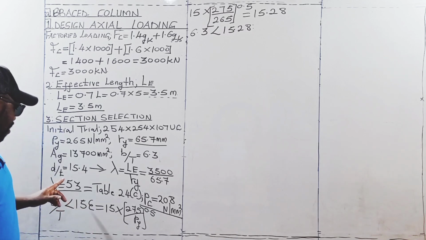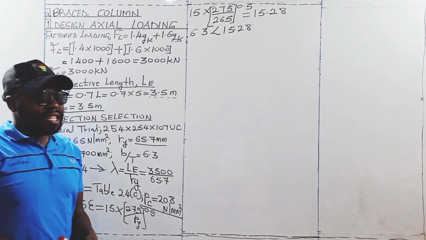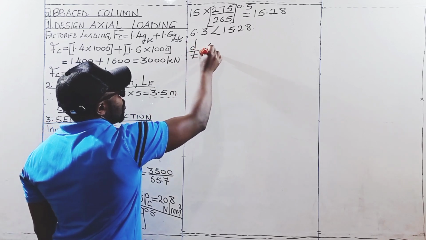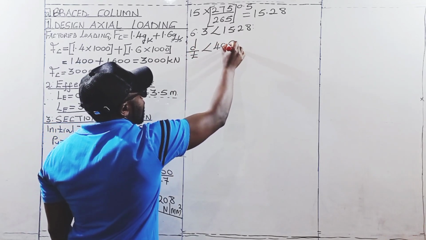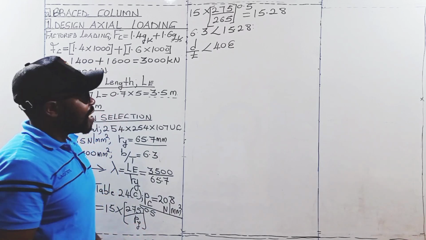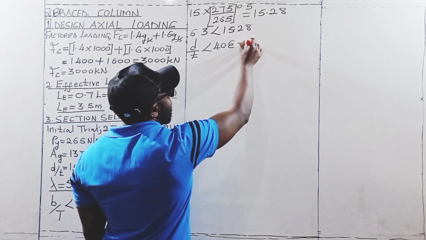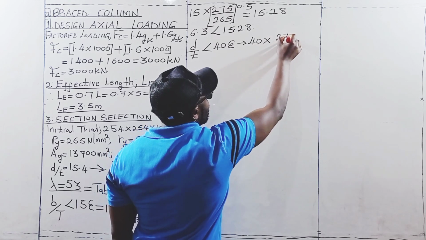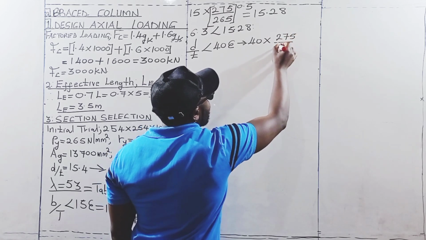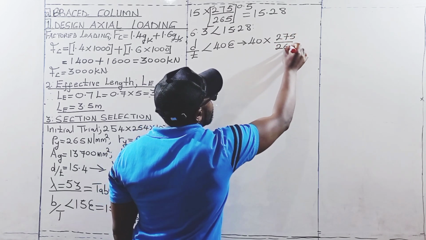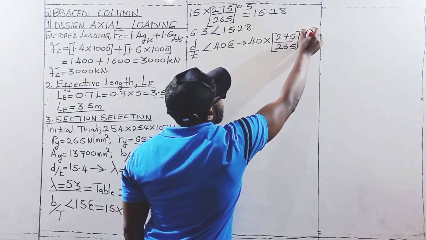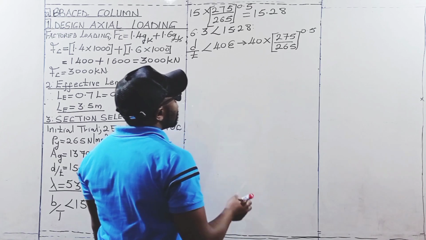The other comparison will be comparing D over T, and in this case, D over T should be less than 40 times a constant. And 40 times the constant will be 40 times the square root of 275 divided by Py, which is 265, and then find the square root of that, that is raising it to the power of 0.5.